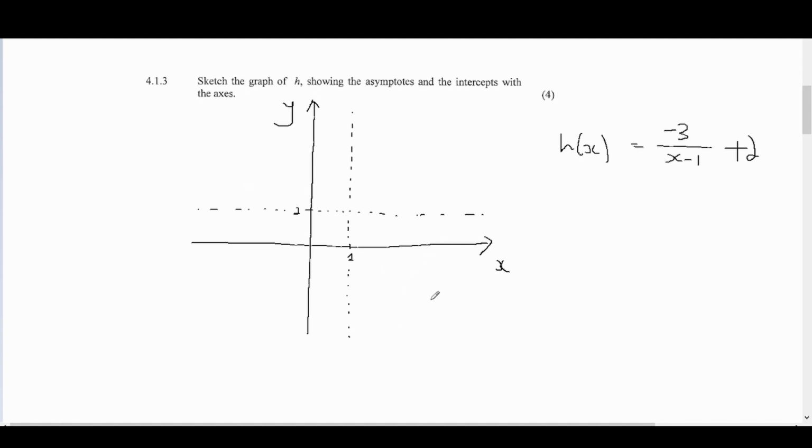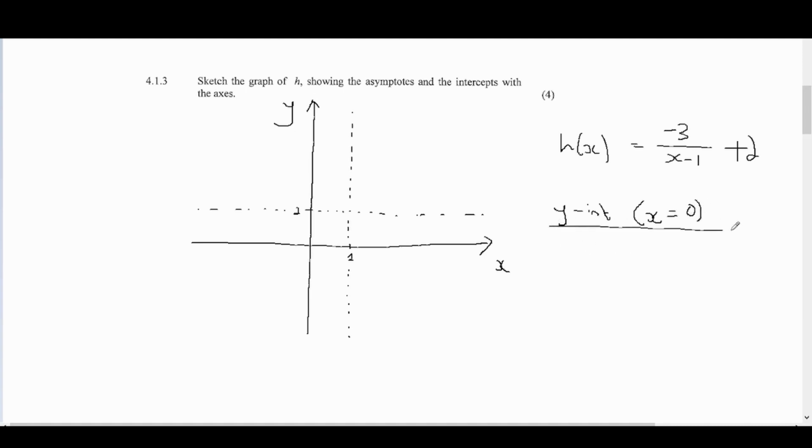Of course, we still need our intercepts. And to get our intercepts, or where they cross our x-axis and y-axis, let's start with our y-intercept. We do know to get our y-intercept, what we do is we make x equal to 0.